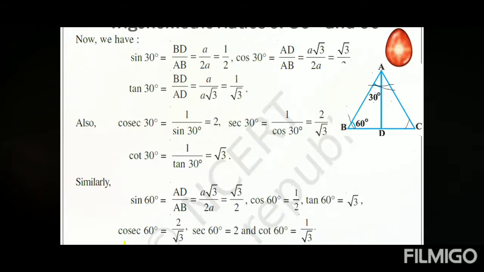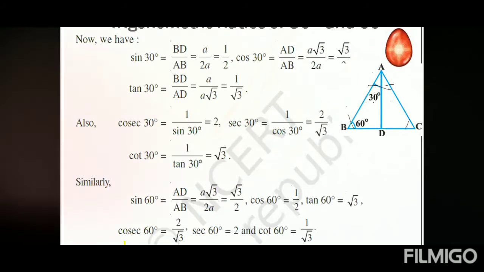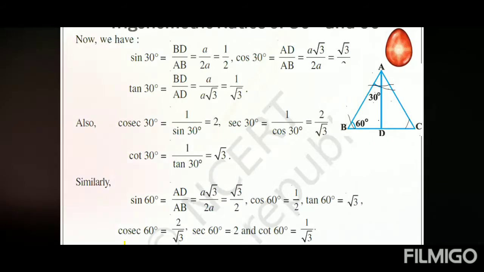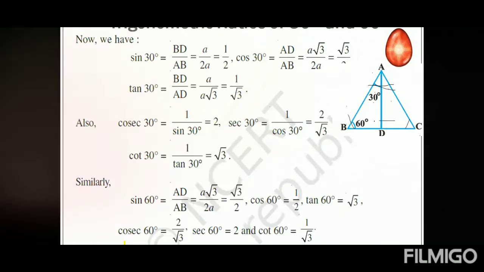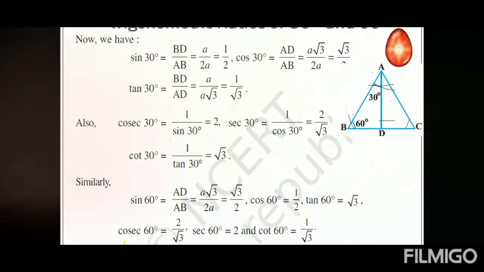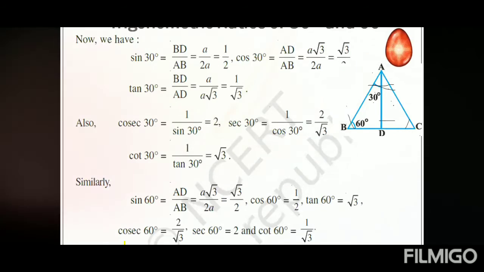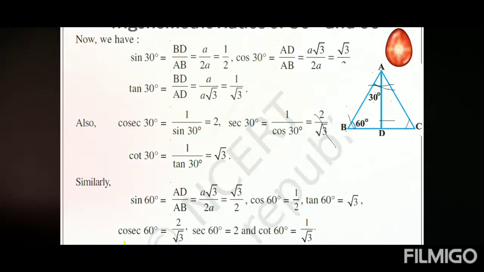So now triangle ABD is a right angled triangle, right angled at D, with angle BAD equal to 30°, and angle ABD equal to 60°.